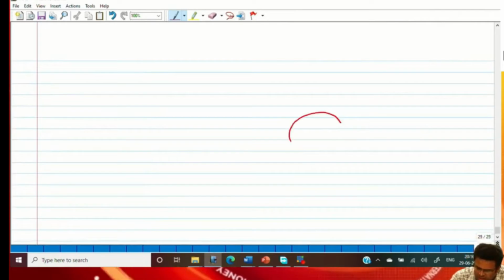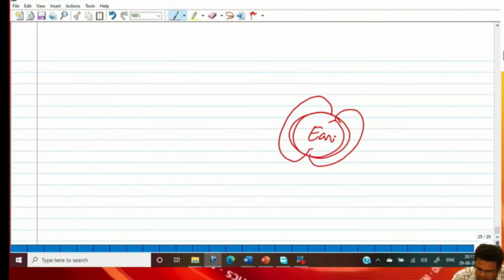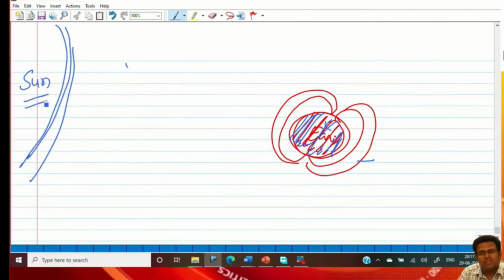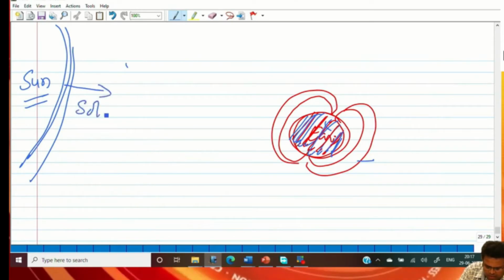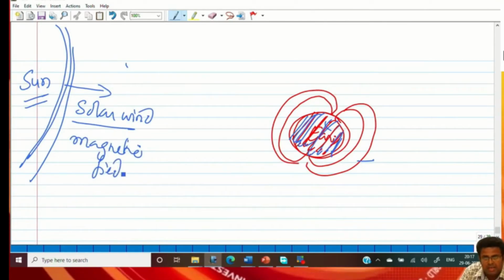This is our earth and we have electromagnetic waves around the earth. And this is our sun. The sun is radiating solar wind, and it is also a magnetic field, highly magnetized.